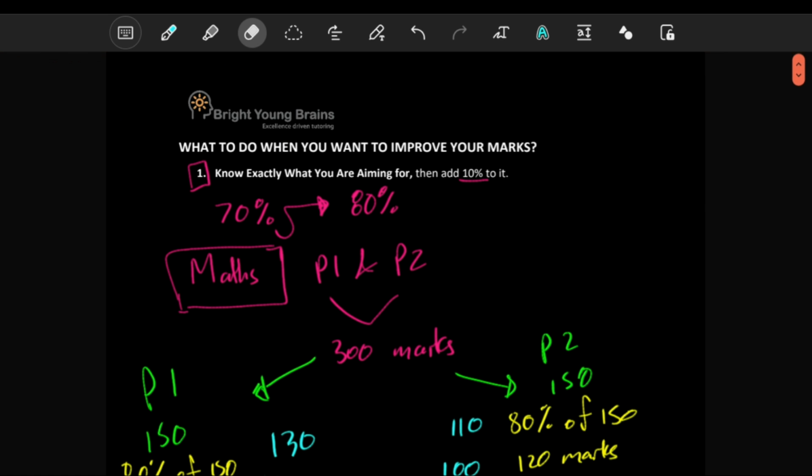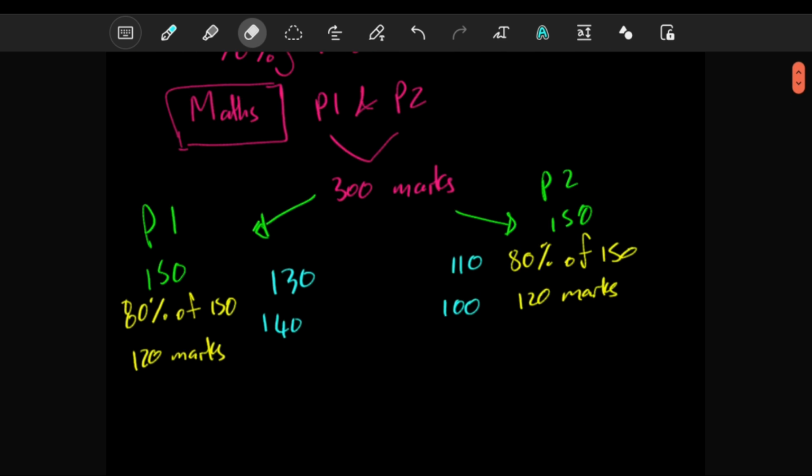Because remember, we said know exactly what you're aiming for, then add 10% to it. You need to act as though you're aiming for 80, even though you know deep down you maybe just want a 70. You need to gun for this 80, because funny enough, in best case scenarios, you will actually end up with that 80 at the end of the day.